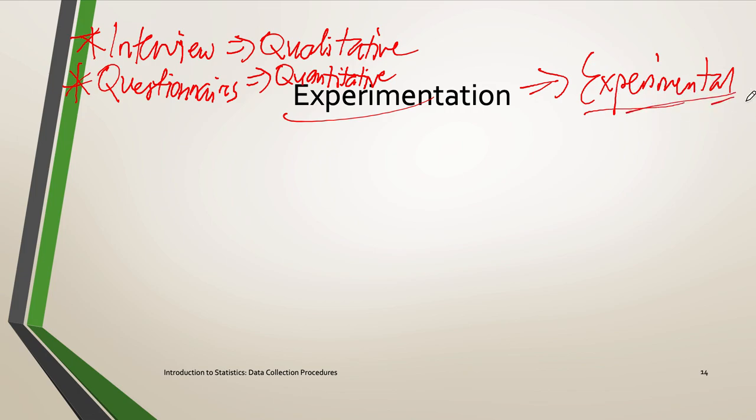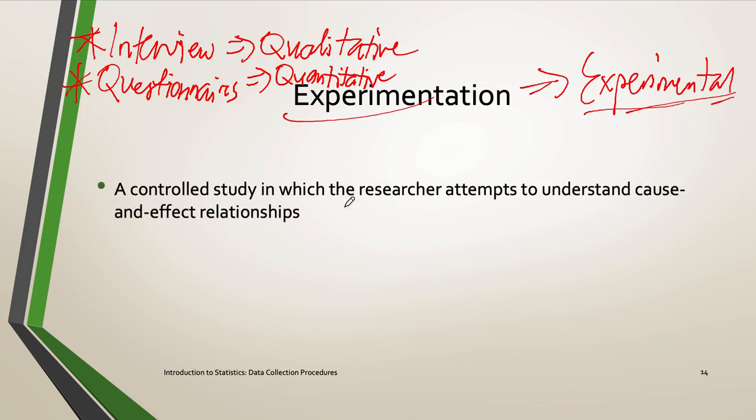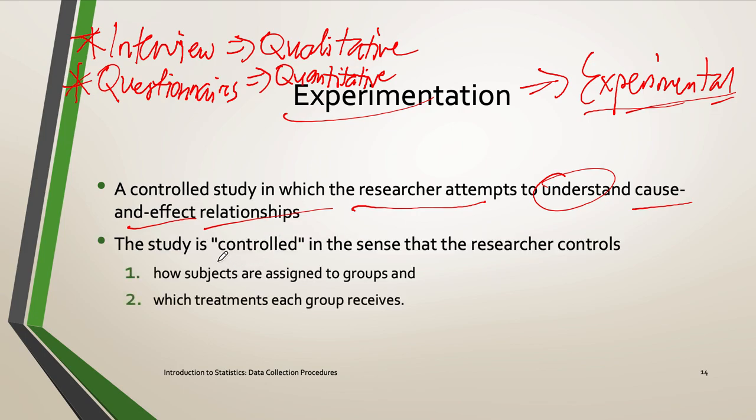Experimentation is used for experimental studies. So what is experimentation? It is a controlled study in which the researcher attempts to understand cause and effect relationships between variables. The study is controlled in the sense that the researcher controls how subjects are assigned to groups and what treatments each group receives.